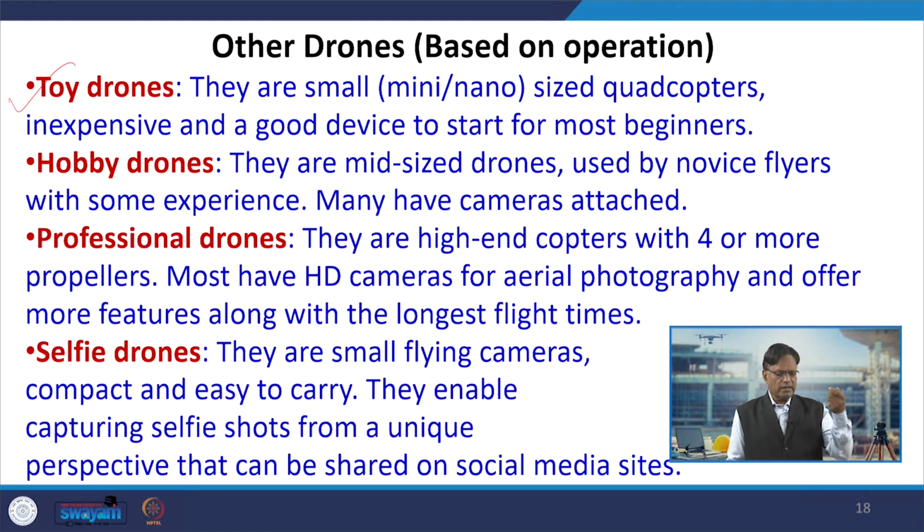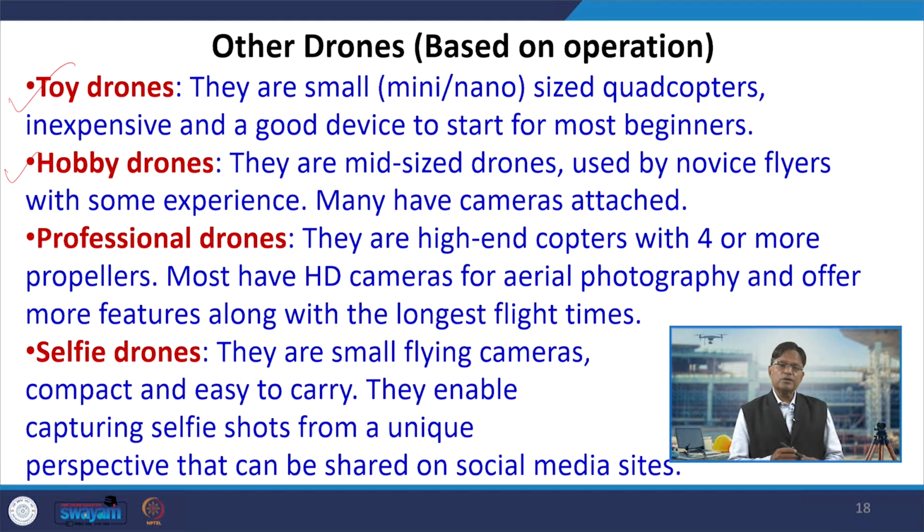Those who are beginners can learn with this. Then the second category comes the hobby drones. They are mid-sized drones used by novice flyers with some experience. They have prior experience, and many have cameras and other sensors attached to the hobby drones.